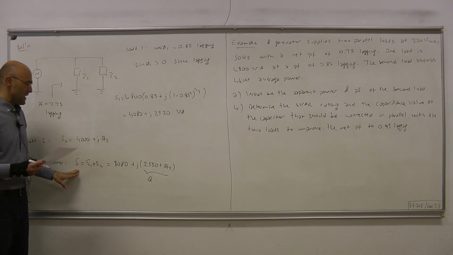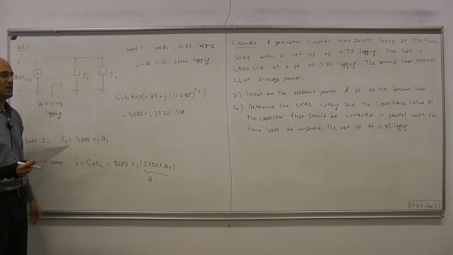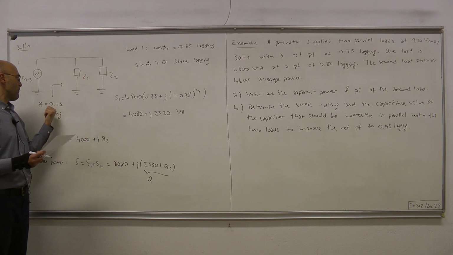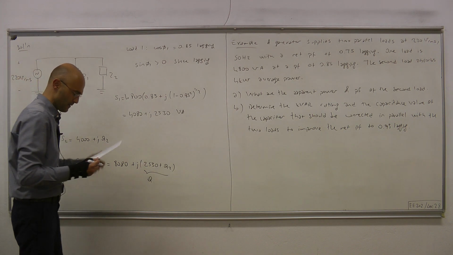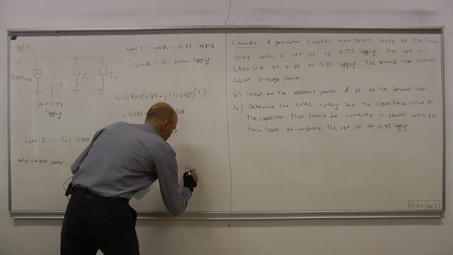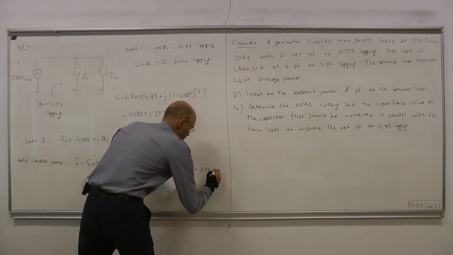Now, for this S, the complex power delivered to the combination, the associated power factor is 0.75, because that's the net power factor. So for this S, the power factor is 0.75 lagging.